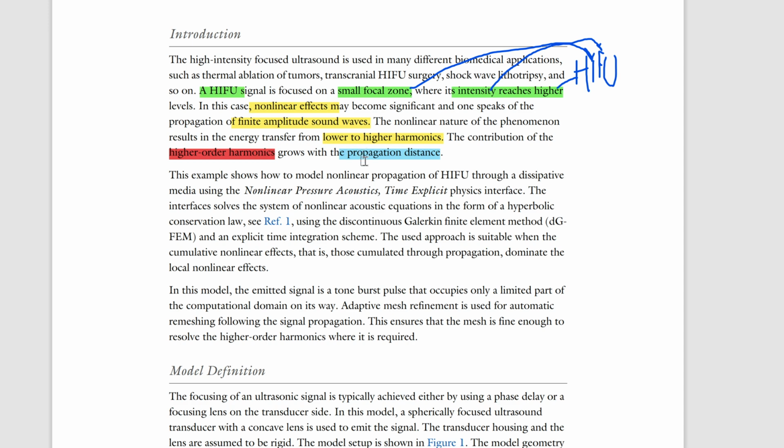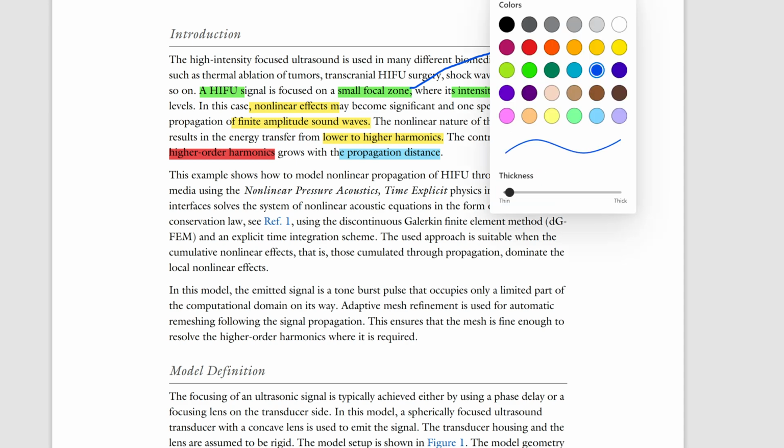Now, I'm assuming that they're saying it's growing away from our transducer element, because in the case of a focusing element, I want to draw with maybe this color.